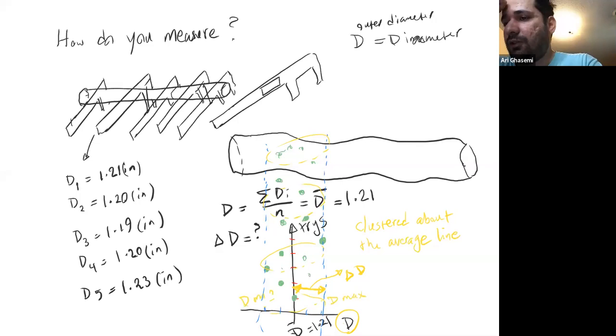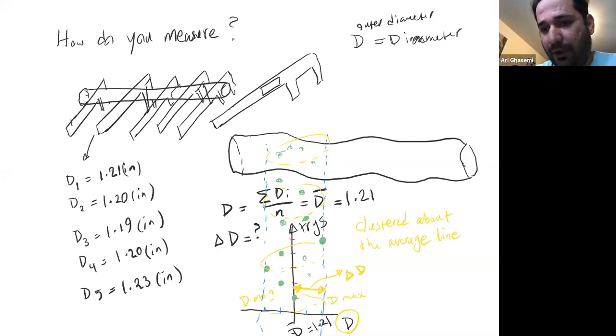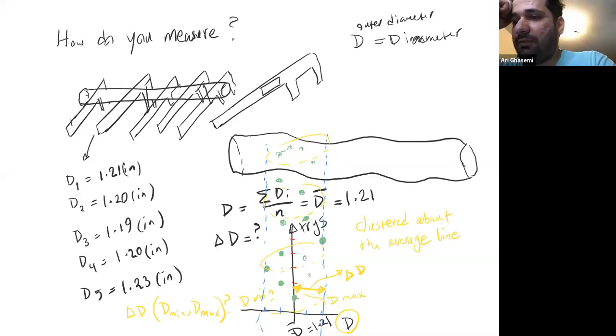Now I want to ask you guys, give me a formula. What is the formula for delta D in terms of D max and D min? If somebody gives me D max and D min, what would be the formula for delta D?